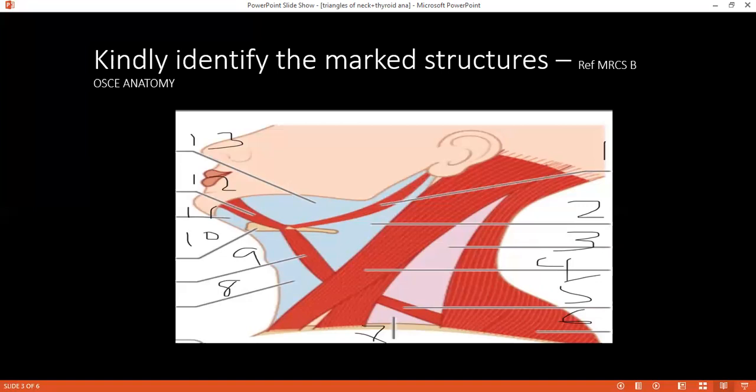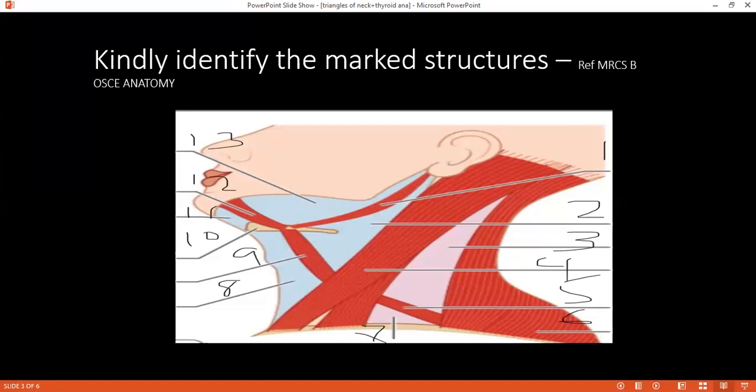Can you tell me how these triangles are divided? The anterior triangles are divided by the anterior border of the sternocleidomastoid posteriorly. Then the anterior belly and posterior belly of the digastric, and the omohyoid muscle inferiorly, form the borders of the carotid triangle.